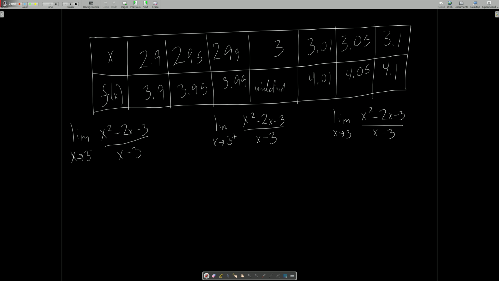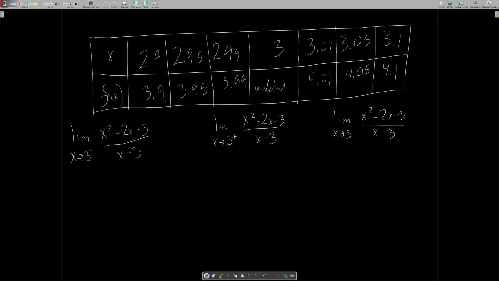So when you're finding the limit, you're not finding the actual value of the function at that point, but you're finding where the function approaches. See here, these little ticks right here, this minus means you're approaching from the left. This plus means you're approaching from the right. And when there's nothing here, it means you're approaching from essentially the left and the right.